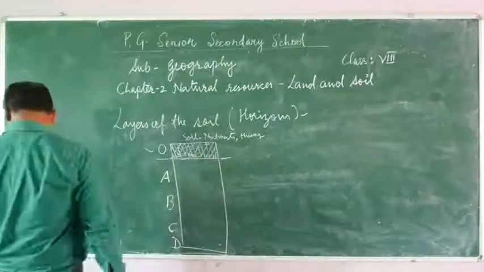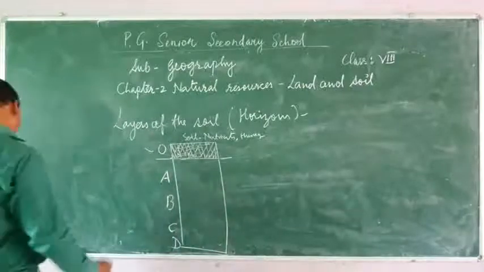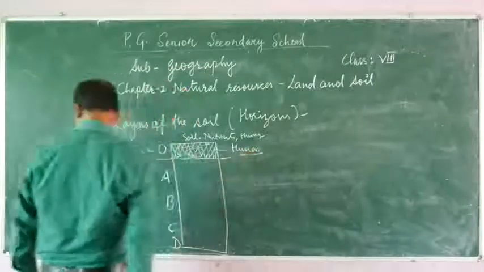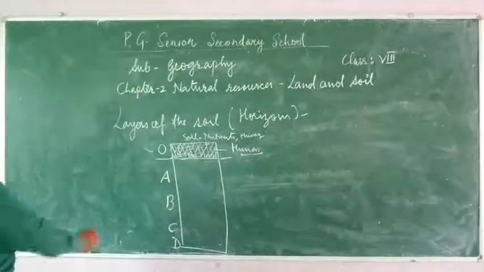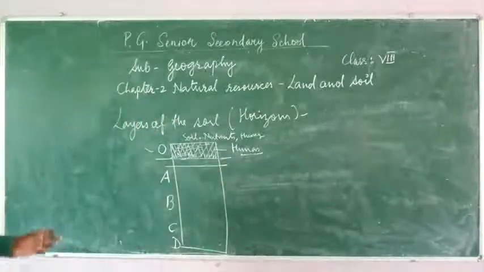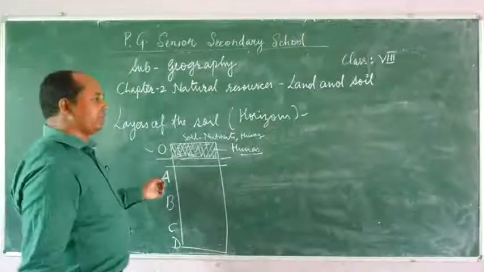Now after horizon O, and this is known as humus. After horizon O, the top soil is coming. You know well, top soil contains some parent rock and some minerals.